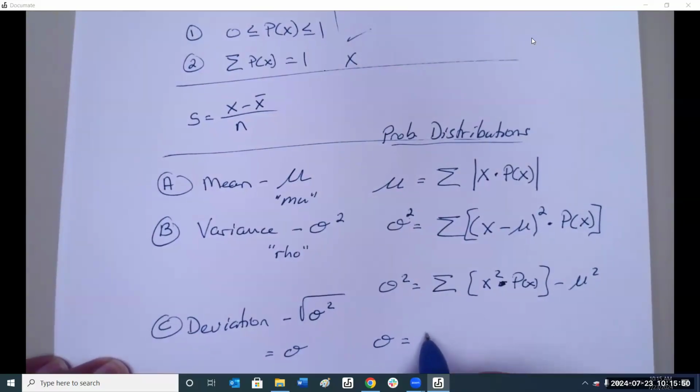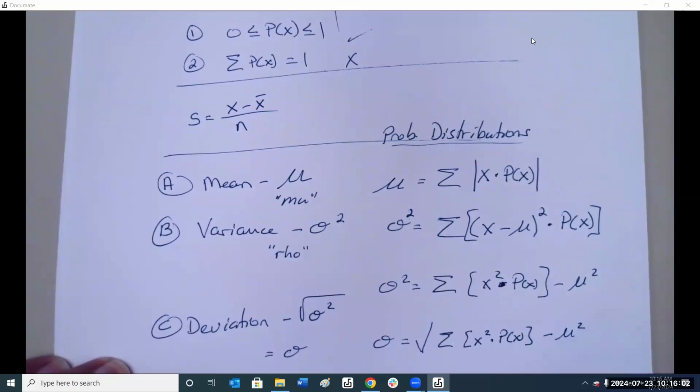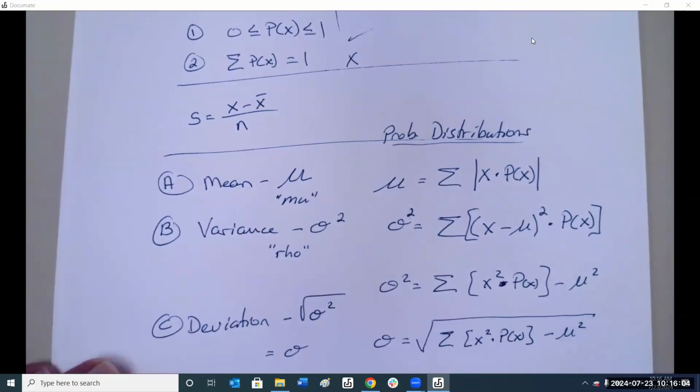So rho equals the square root of x squared times p of x, all that summed, minus mu squared. So you can take either one of those two equations that you have earlier and square root it.